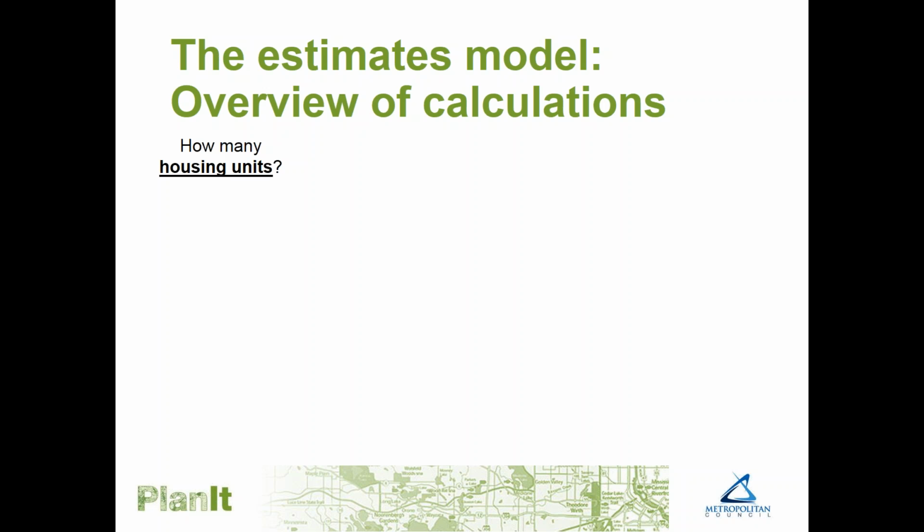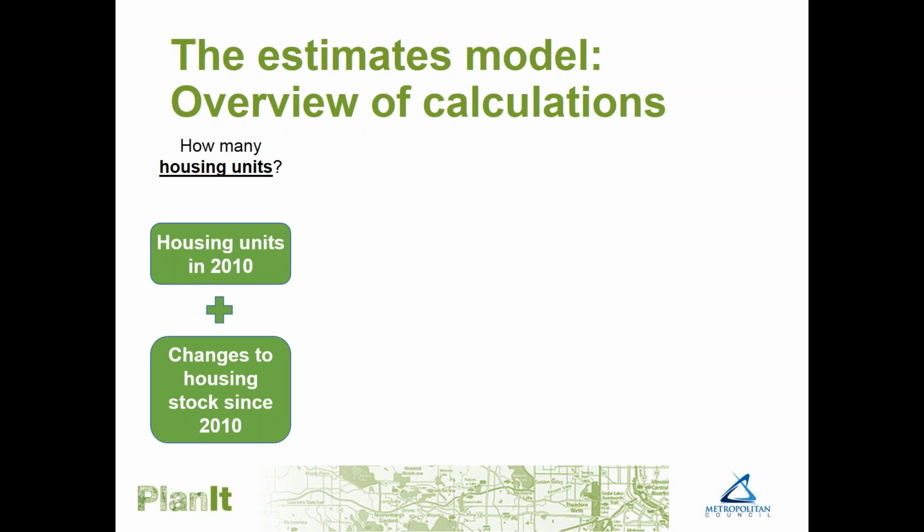So again, we're starting with how many housing units there are in each community. To do that, we start with the number of housing units counted by the Census Bureau in the 2010 census. We then look at changes to the housing stock since 2010, like building permits and demolitions. And that gets us to the number of housing units in the previous year. Once we have housing units, we can estimate the number of households.